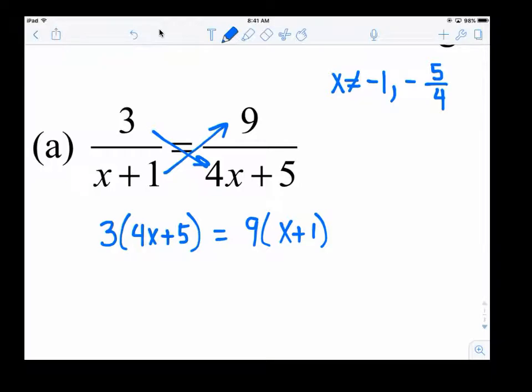If I multiplied the left side by 4x plus 5 times x plus 1, the x plus 1s would cancel, and I'd be left with that. If I did it over here, the 4x plus 5s would cancel, and I'd be left with 9 times x plus 1.